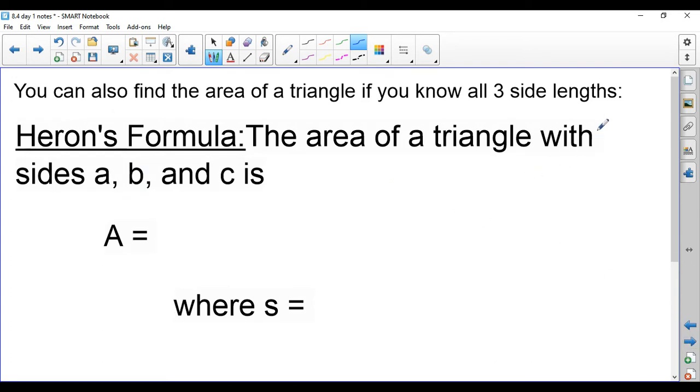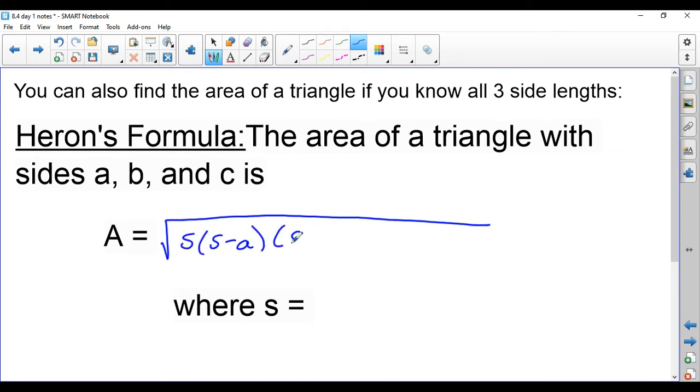There's one other way that we can find the area of a triangle if we know all three side lengths. This is called Heron's formula. Heron's formula says the area of a triangle with sides A, B, and C is equal to the square root of S times S minus A times S minus B times S minus C. So then the obvious question is, what is S?